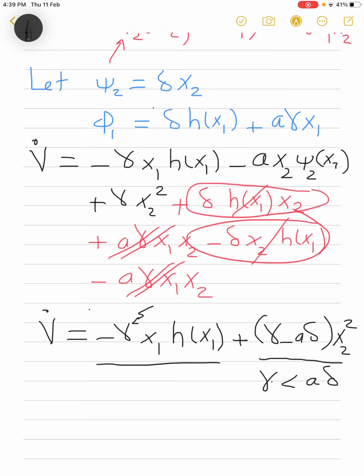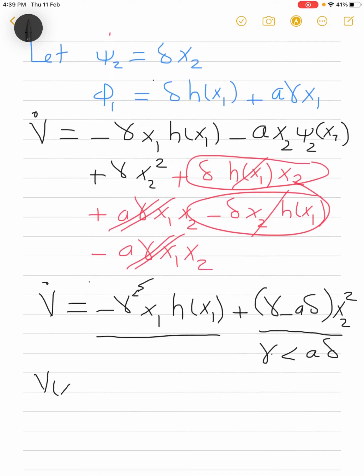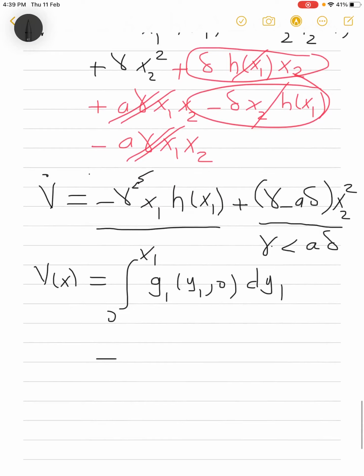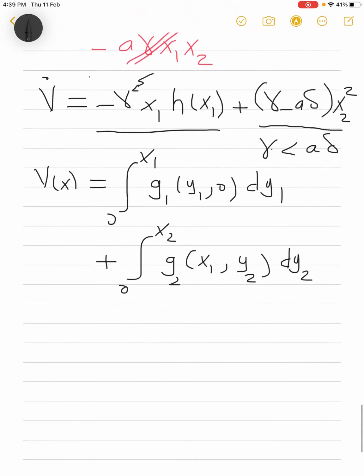Now we have to find v of x, and that is done by integration, as we mentioned. So we integrate from 0 to x1 g1 of y1 and 0 with respect to dy1 plus the integration from 0 to x2 g2 of x1 and y2 with respect to y2. So we substitute here by the values of g1 and g2 as we have calculated them.